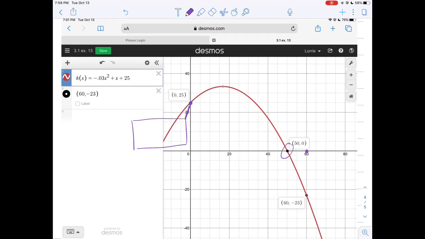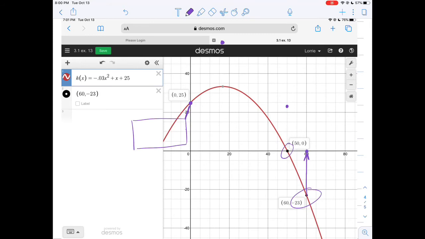So what we need to do is make this point, which is right now at negative 23, move up to where it's at 0 instead. And so in order to do that, every single point has to move up by 23. So that 50, 0 is now at 50, positive 23. This point that was at the vertex is going to be way up here now.